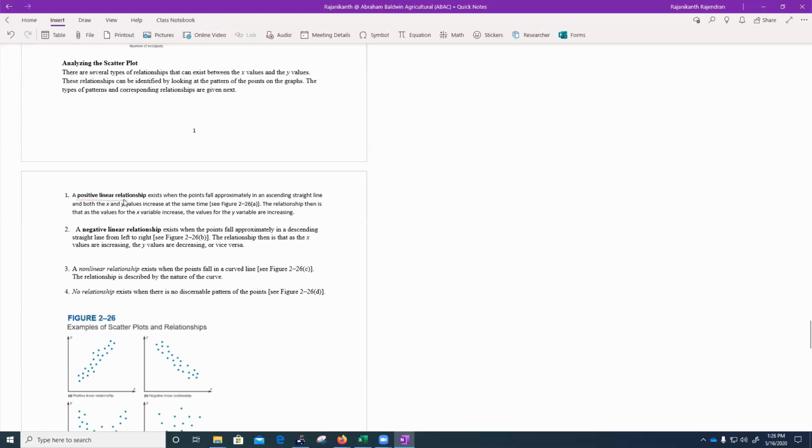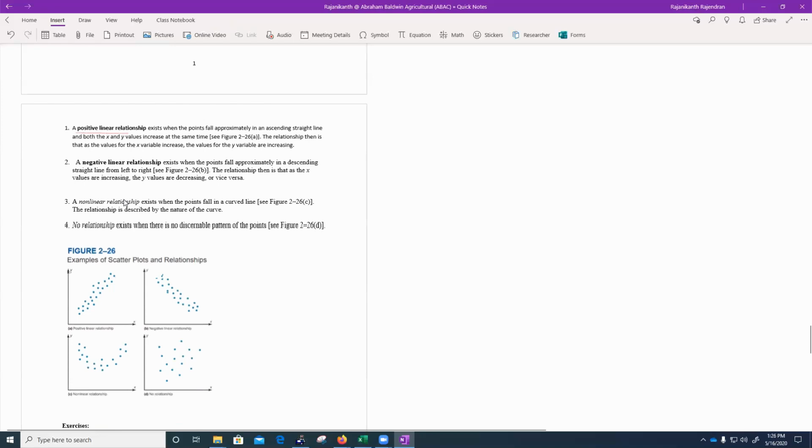A positive linear relationship exists when the points fall approximately along an ascending straight line. Look at picture 1: all the points are scattered in an increasing trend, right?